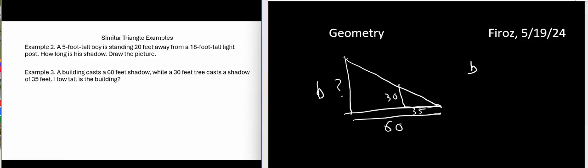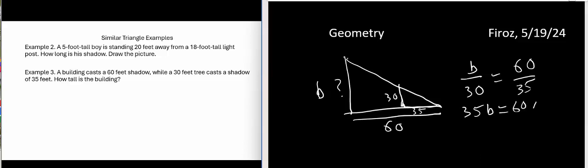Okay, so then we will say that b over 30 equals 60 over 35. Is that right? So you write 35b equals 60 times 30, and then b will be 60 times 30 over 35.